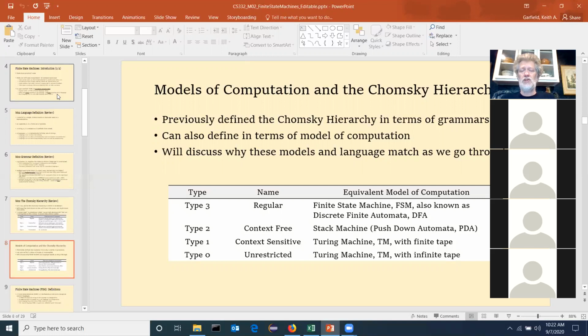So it should be a relatively seamless transition as we go from one to the next to the next. The finite state machines to stack machines is a pretty nice, simple transition. Once we go to Turing machines, there's a bit more notational changes. So it might take a little bit longer for you to feel comfortable with that. I'm not spending much time on Turing machines.